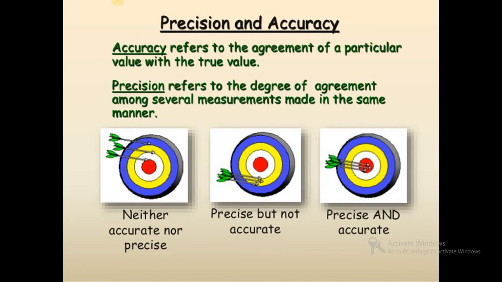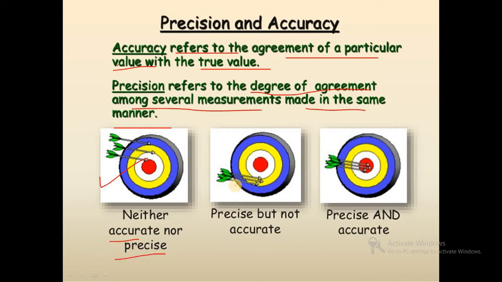Accuracy refers to the agreement of a particular value with the true value, and precision refers to the degree of agreement among several measurements made in the same manner. This first diagram shows neither accurate nor precise.